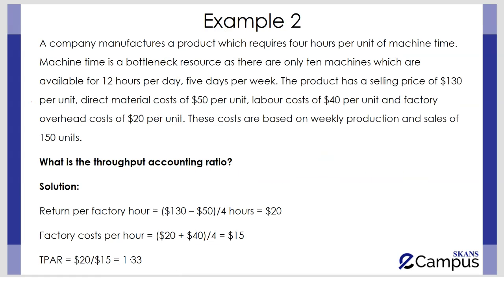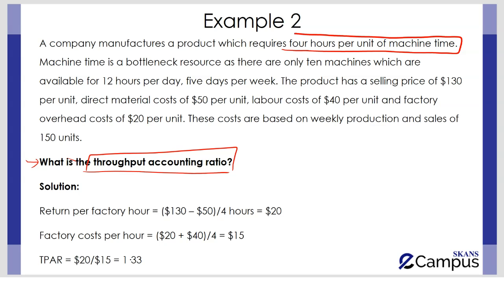Now this next question basically requires us to calculate the throughput accounting ratio. I'm reading the requirement. What is the throughput accounting ratio? A company manufactures a product which requires 4 hours per unit of machine time. Machine time is a bottleneck resource, so it is given in the question. In some exam questions, you might be asked to find out which of the given resources is a bottleneck constraint.